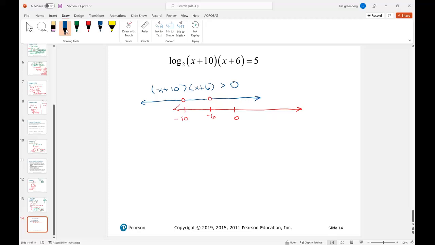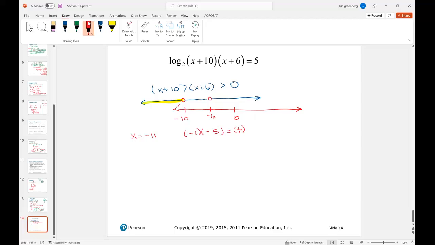So for example, when I'm over in this interval here, less than -10, I can plug in x equals -11, right? When x equals -11, I get -1 times -5, which is equal to +5.